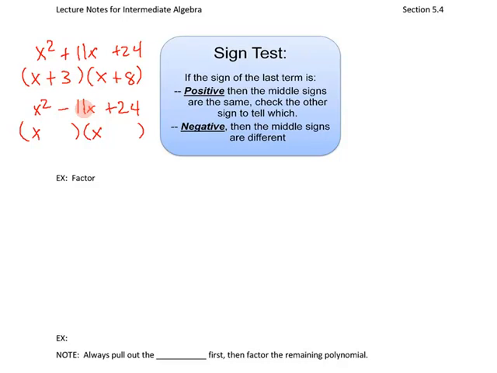They can't be opposite signs. They can be both positive or both negative. So what you see here is that x minus 3, x minus 8 would work, because you'd get a minus 8x and a minus 3x, which would give me, added together, a minus 11x. So that works.